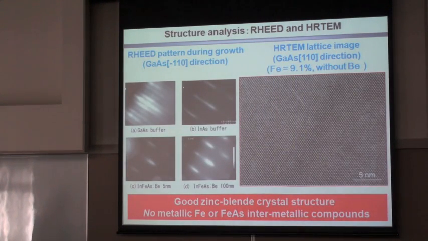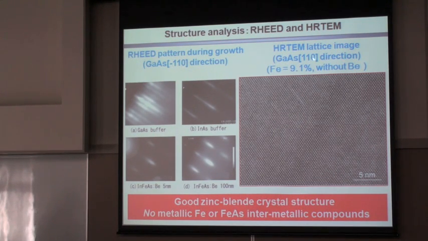And this is RHEED pattern during the MBE growth. We see only the zinc blende type structure. And this is a high resolution TEM lattice image taken from along gallium arsenide 110 axis.